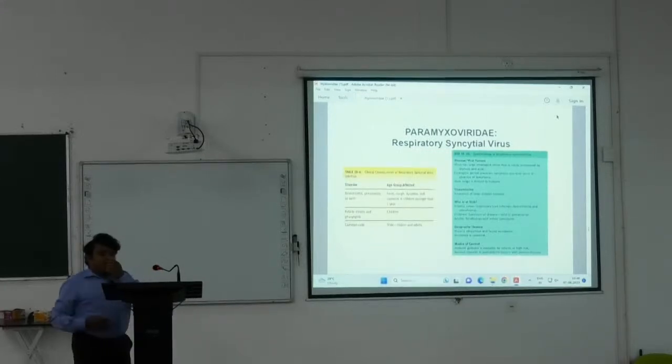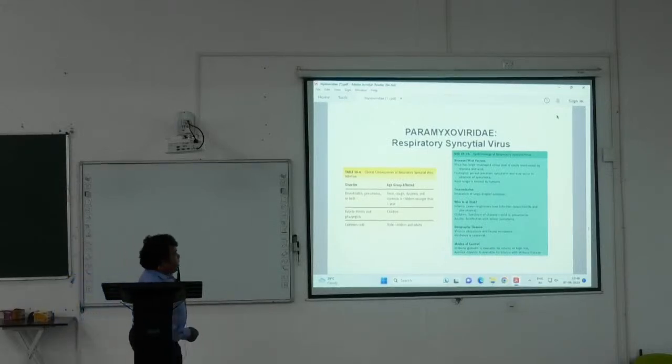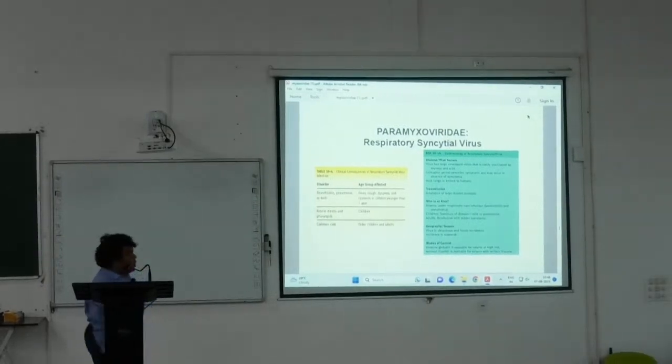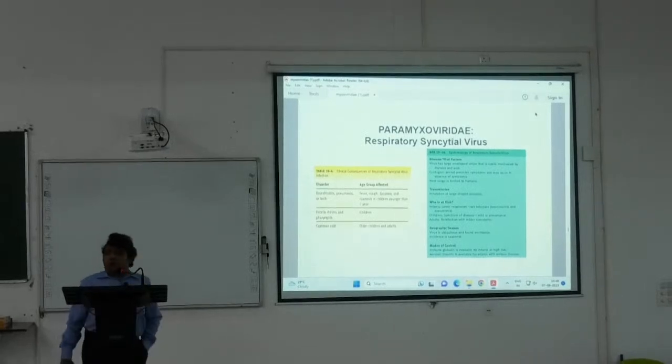So what are the clinical manifestations of RSV? It can cause bronchiolitis, pneumonia, and in children it starts as rhinitis and pharyngitis. Later on it may progress to full-blown pneumonia and ARDS. In older children and adults, it presents as common cold.